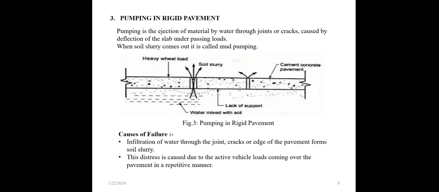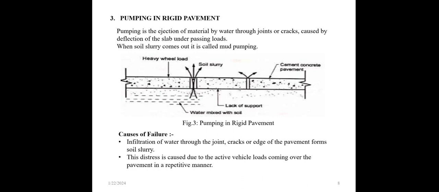Pumping in rigid pavement. Pumping is the ejection of material by water through joints or cracks caused by deflection of the slab under passing loads. When soil slurry comes out, it is called mud pumping. Causes of failure: infiltration of water through the joint, cracks, or edge of the pavement, forming soil slurry.